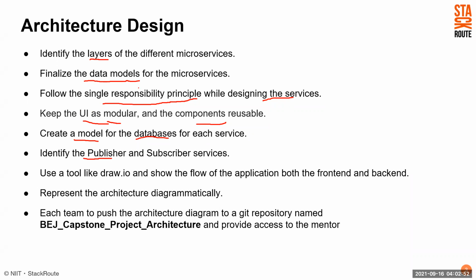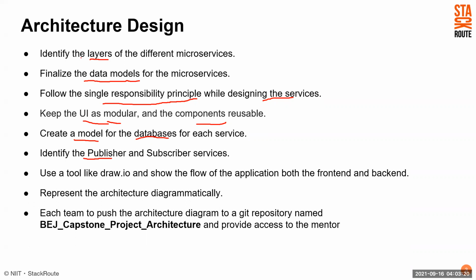Then, guys, you need to identify the publisher and subscriber services. This is very important. When there is communication between two different microservices or from the client to a service, you should identify whether it is going to be a synchronous communication or an asynchronous communication.